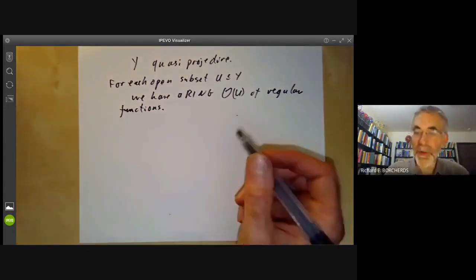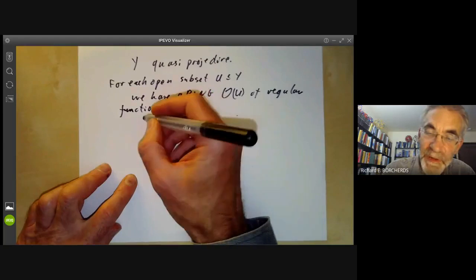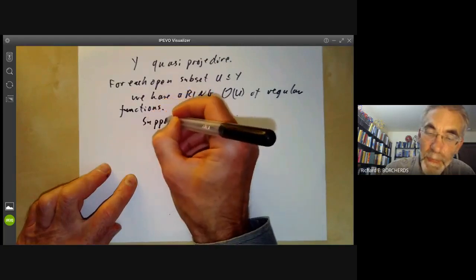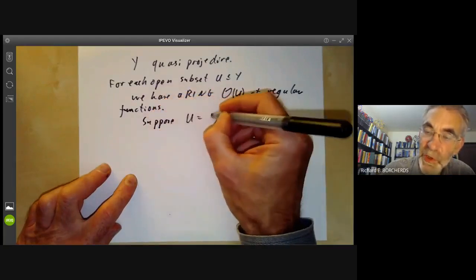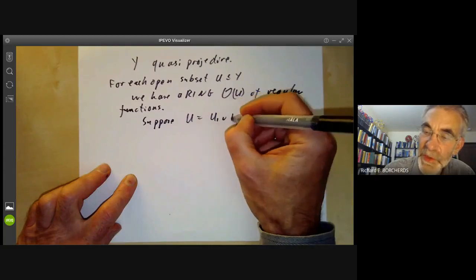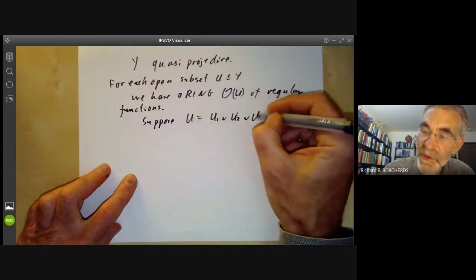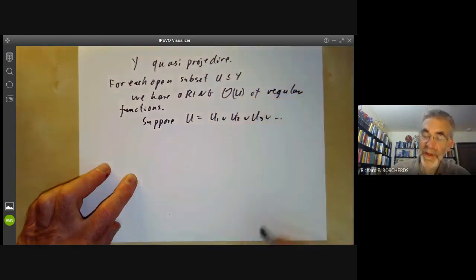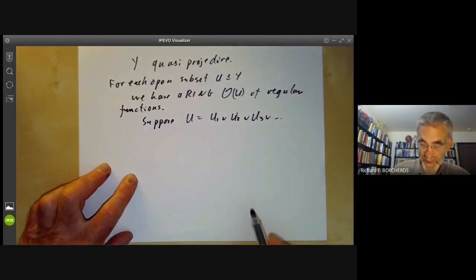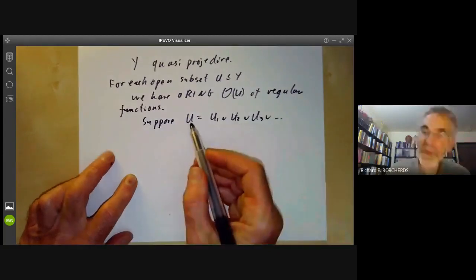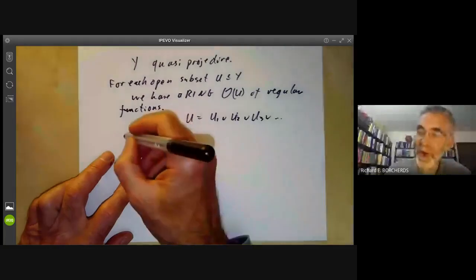And these rings have the following property. Suppose U is a union U1, union U2, union U3, and so on, of other open subsets. Then it has the following two rather obvious properties.